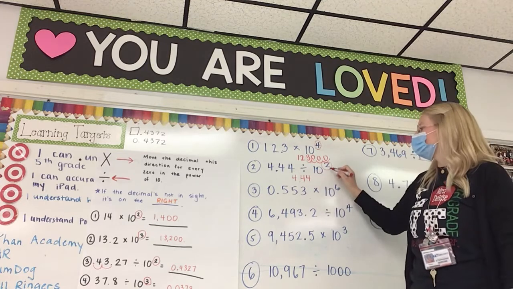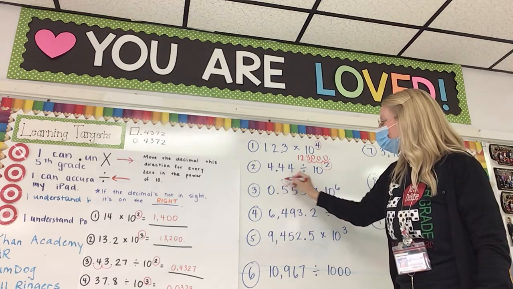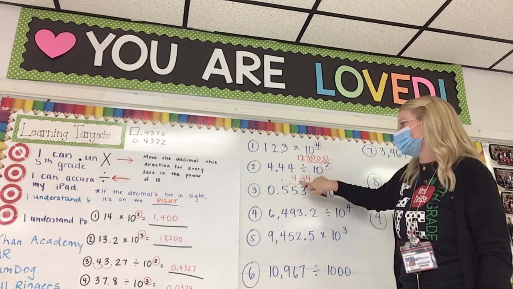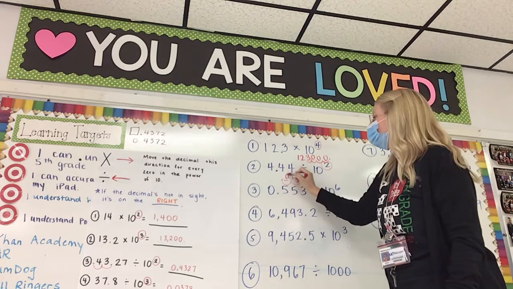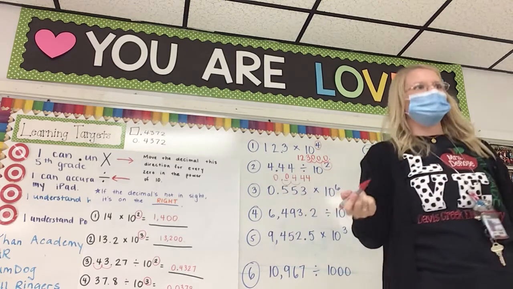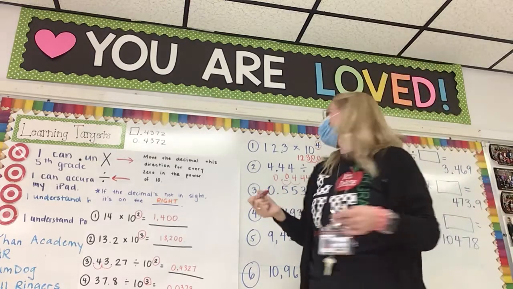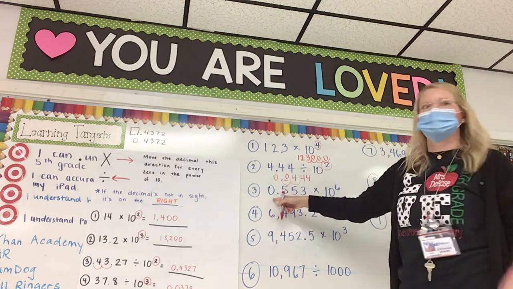Twice. My exponent is a 2, so I'm going to move it 1, 2. There's my new decimal point, so it is no longer here anymore. So what do I need to put right here? A 0. And you all know I like to have a 0 as my whole number. Do I have to have a 0 there as my whole number? No, I don't.